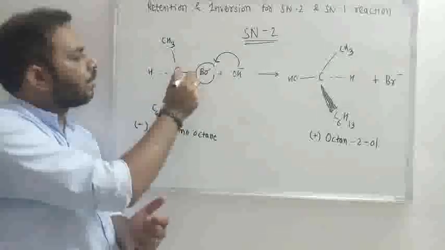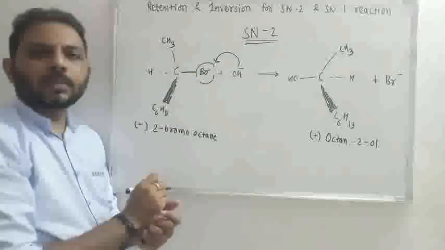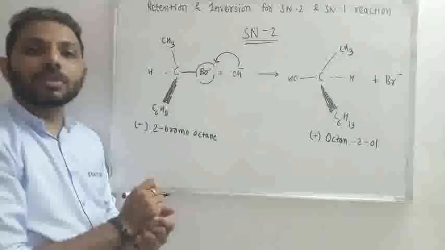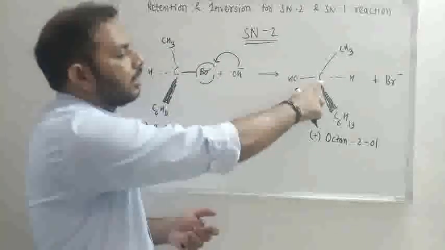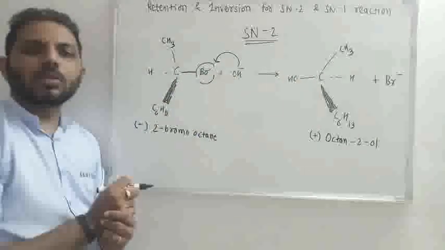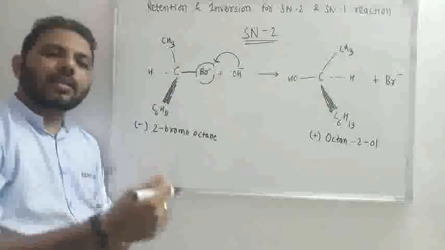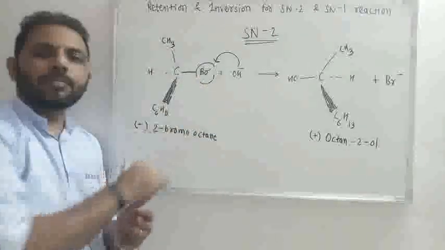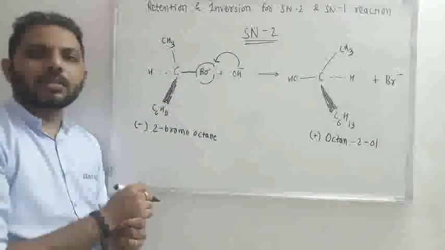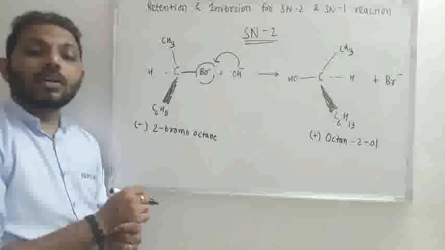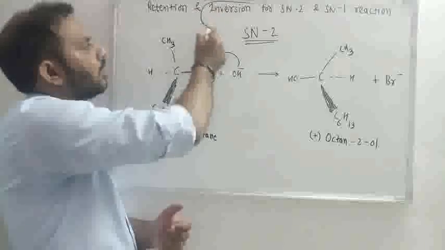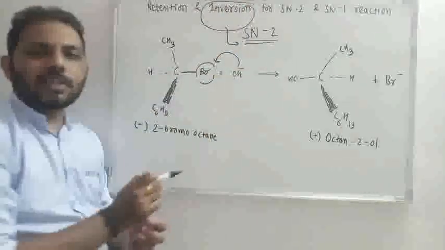The position of Br minus is in this direction, but after nucleophilic substitution, OH minus is opposite to Br minus. So if an atom or functional group comes in opposite to the previous atom that was replaced, we can say that inversion has taken place. So in the SN2 reaction, inversion has taken place.